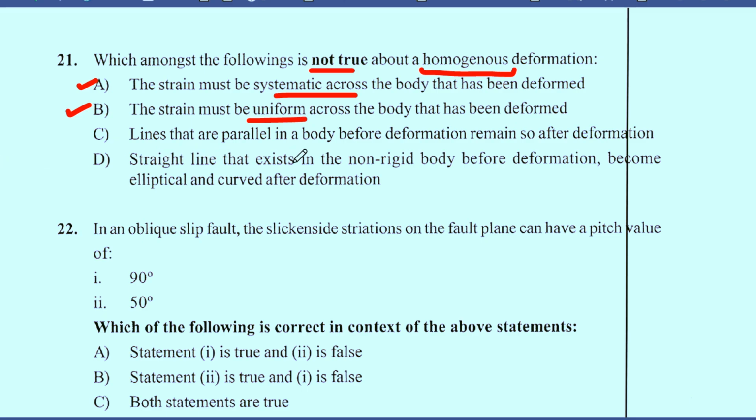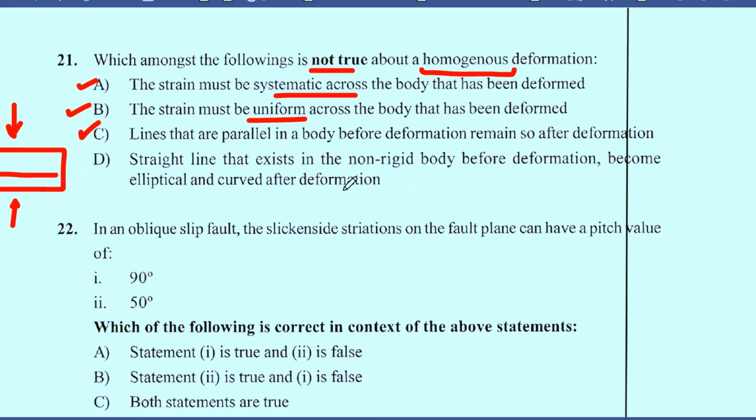The next option is that lines that are parallel in the body before deformation. Suppose this is our body and these are the lines. If we apply force from above and below, after deformation these lines will get thin but remain parallel. So this option is also right.